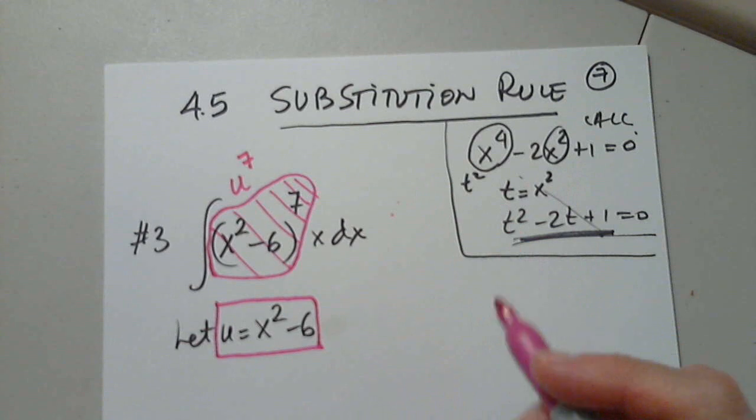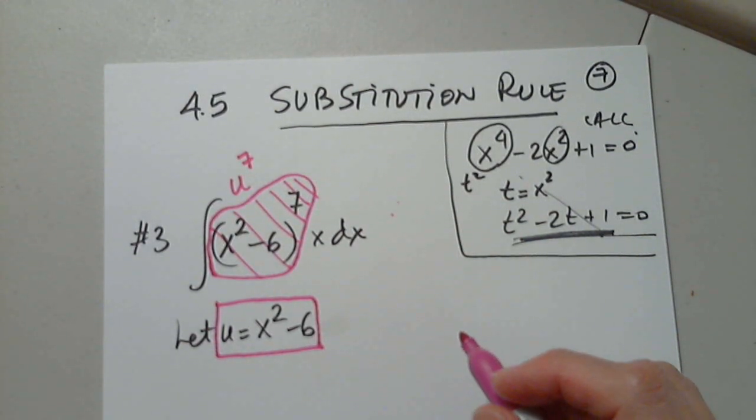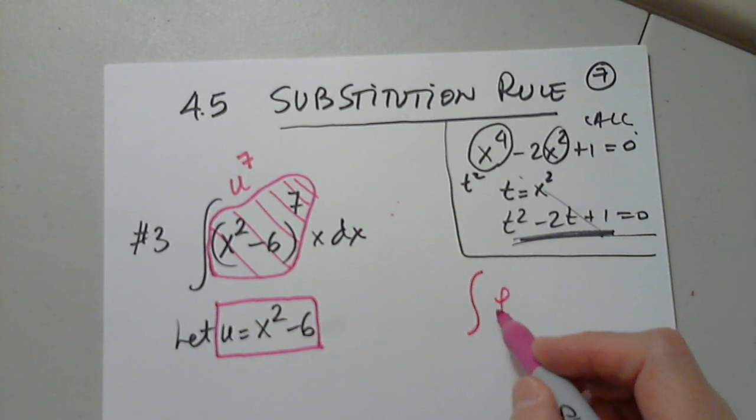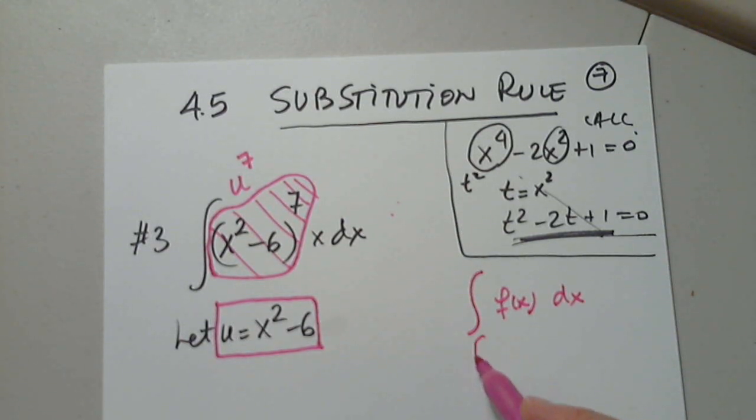Now, if you remember, I said that so many times that probably you got tired of it. If the integral has the function in x, then I have to have dx. If the integral has the function in u, then I have to have du, and so on and so forth.